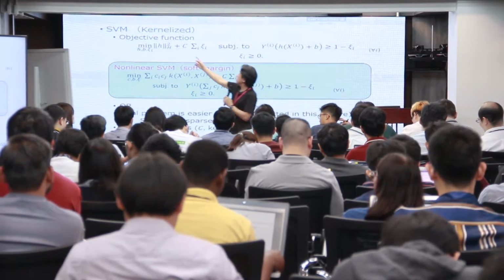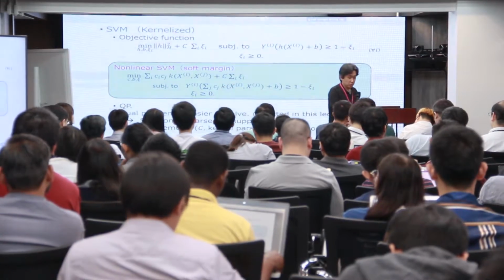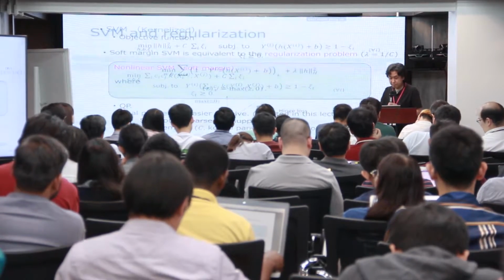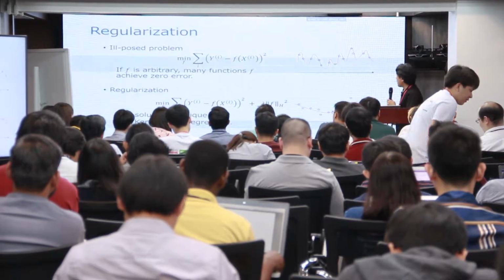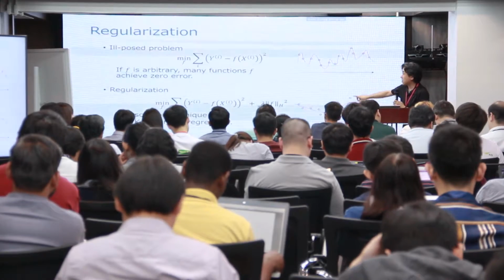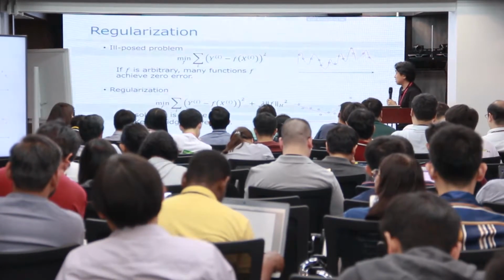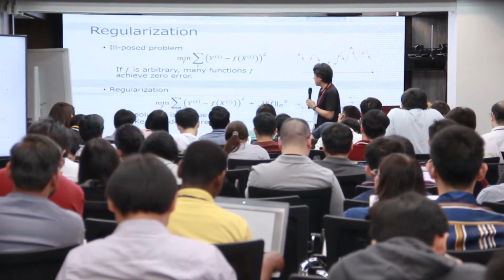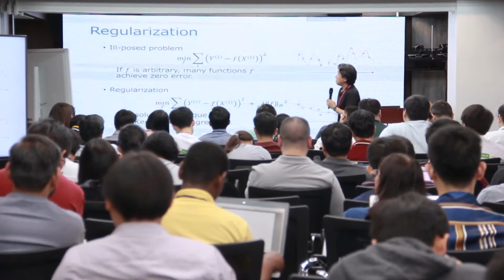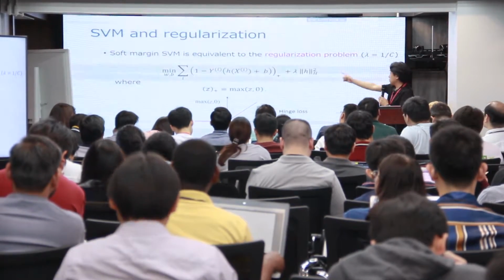Basically, we swap these two terms, and this part is replaced by the hinge loss part. We saw a similar figure in yesterday's talk on kernel ridge regression. In kernel ridge regression, we use the squared loss plus regularization, but in the support vector machine, we have hinge loss plus regularization.